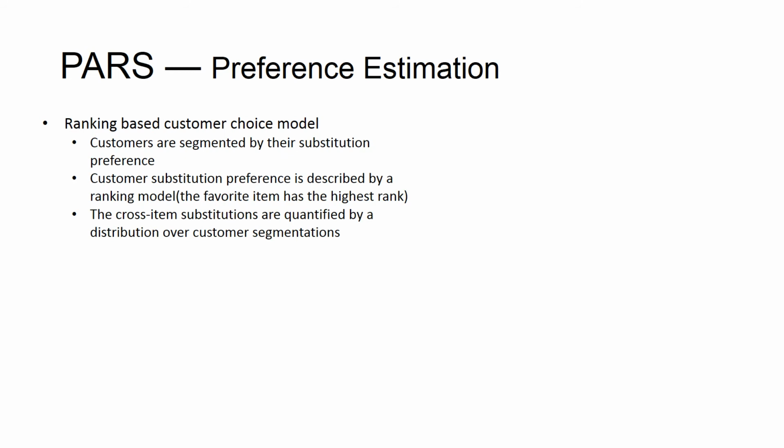Let's see the first component, preference estimation. To capture customer substitution preference, we propose a ranking-based customer choice model. Under this model, we assume customers are segmented by their substitution preference. Customer substitution preference is described by a ranking model. That is, their favorite item has the highest rank.